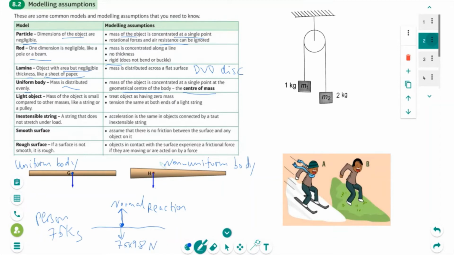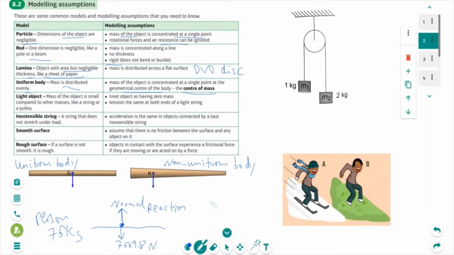So those are the two ideas of uniform and non-uniform. Have you come across that before? Uniform and non-uniform? You'll see it later on.